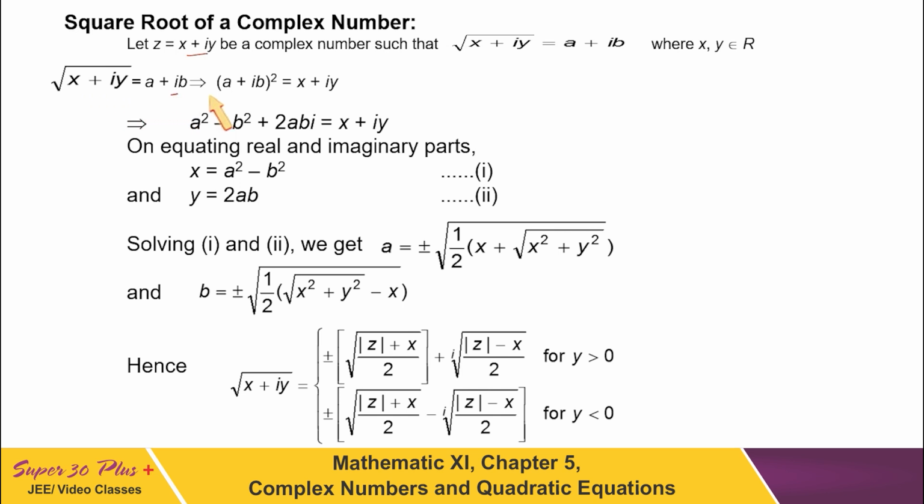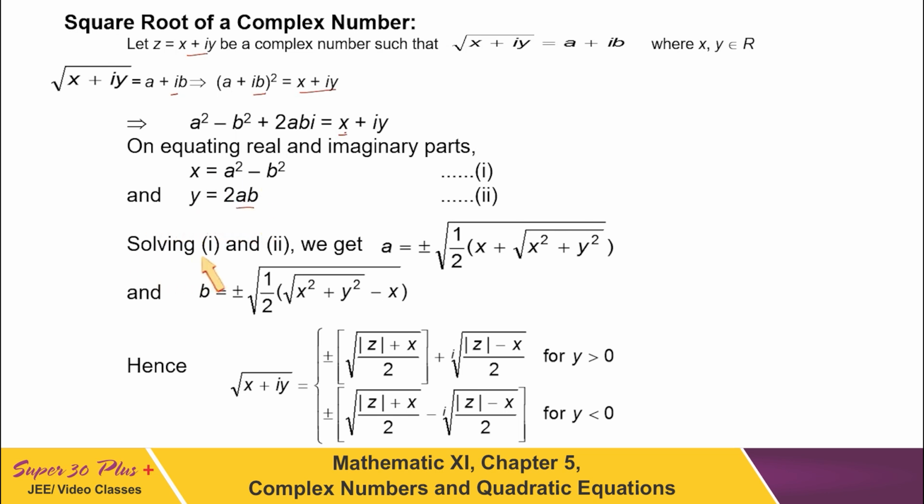Now squaring this, it will become (a + ib)² = x + iy. Now expanding this, we find a² - b² + 2abi = x + iy. On equating real and imaginary parts, we obtain x = a² - b² and y = 2ab.